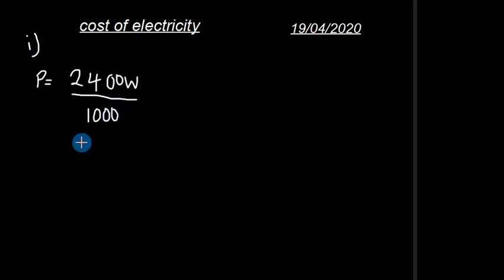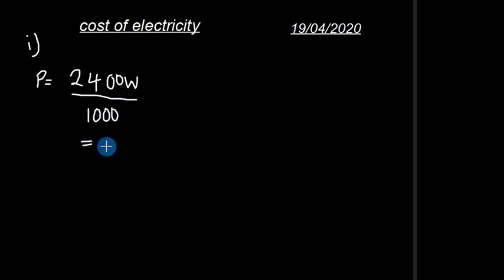So our power in kilowatts will be equal to the power given in watts, which is 2400 watts. Remember, this is part 1 of that question. So this will be divided by 1000. What we do to convert watts to kilowatts is simply to divide by 1000.